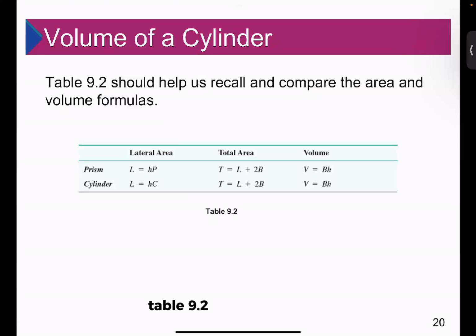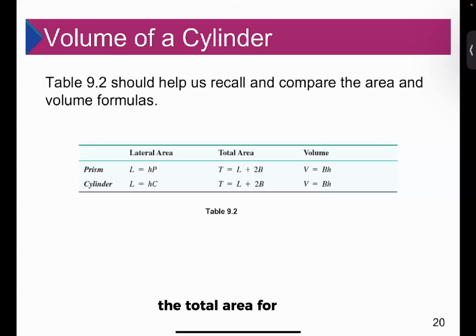Table 9.2 should help us recall and compare the area and volume formulas. For prism, the lateral area is h, or height times perimeter. For cylinder, it would be lateral area equal to height times the circumference.